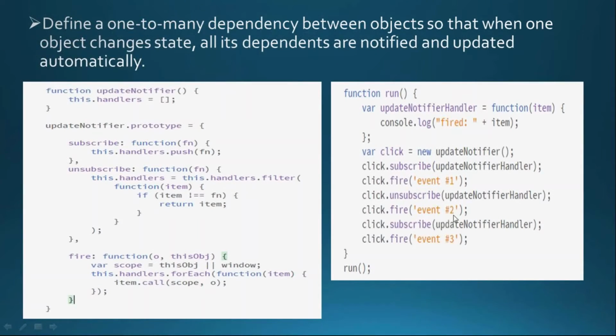Then when I fire event 2, it will not notify any of the handlers as there are no handlers registered for this event. When I re-subscribe and fire event 3, the update notify handler will be called. So this is how we can maintain the dependencies and notify them about the changed state.